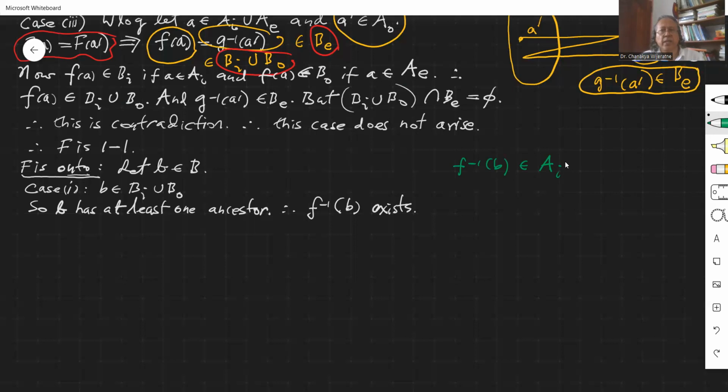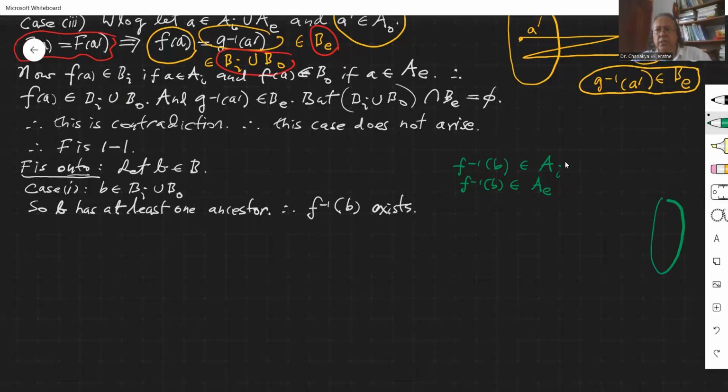And then F inverse of b is in AE if b is in BO. So BO means that it has an odd number of ancestors, and then you go back once via F inverse.